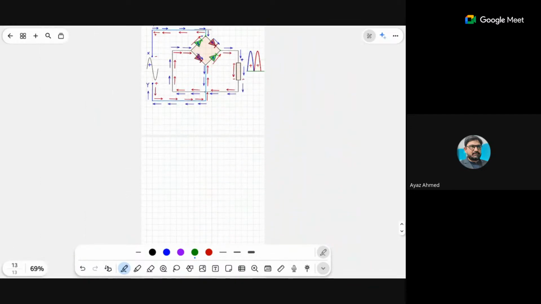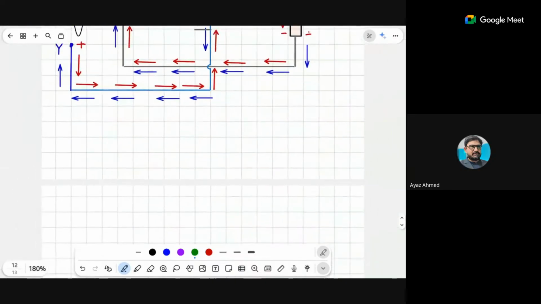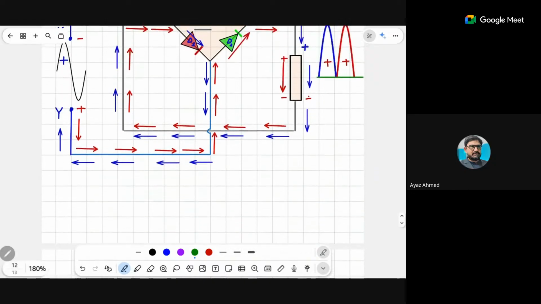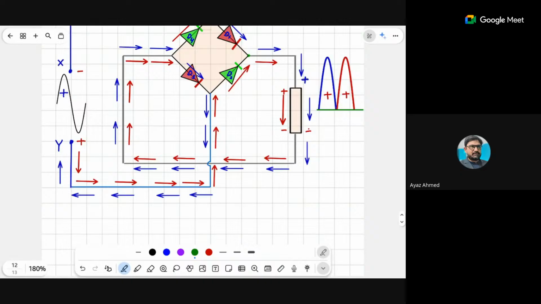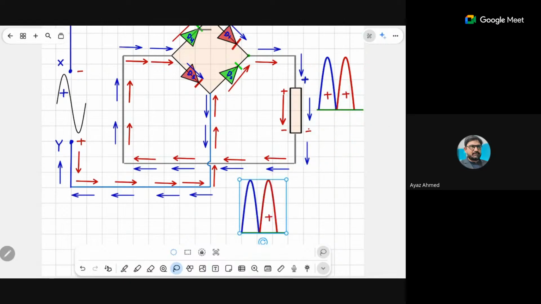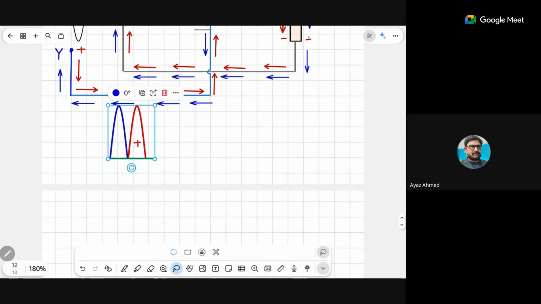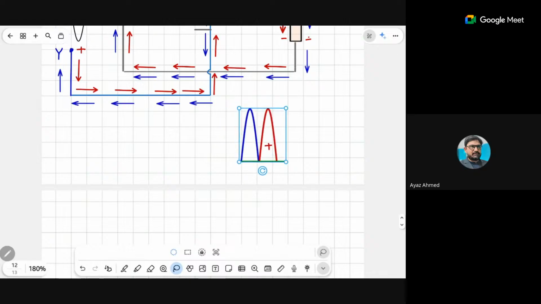Now, if I just draw the output here again, then it will be very clear to you that you have multiple cycles at the output. This is basically the output cycle. Let's say I'm going to place it here for you.